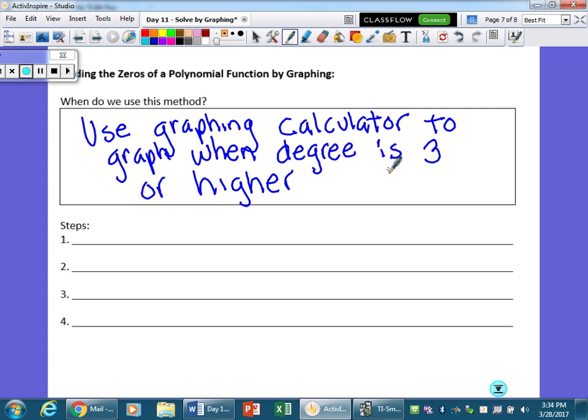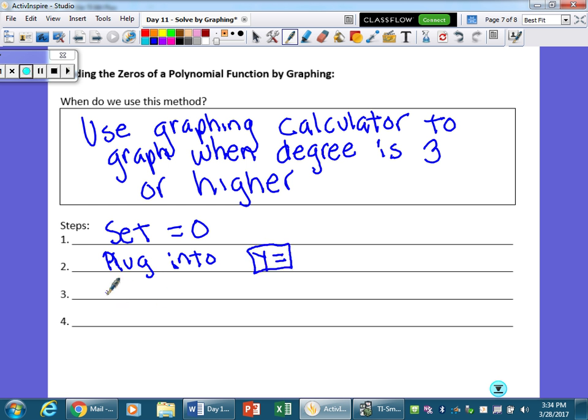Okay, so to be honest, you could factor when your degree is 3 or higher. You could take out an x if they all have x's, but this also works. So I just wanted to show you another step. So the steps are actually the same. You set equal to 0. You plug into y equals.